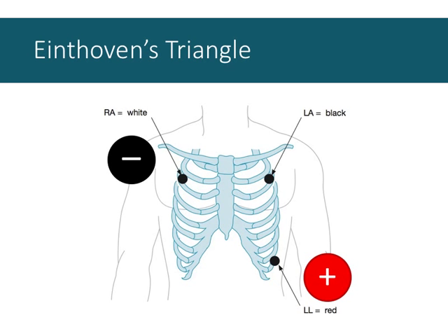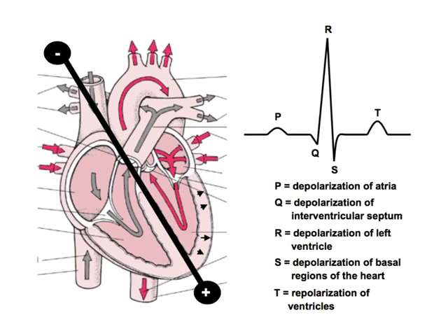And then if we superimpose this over the heart, same electrodes, same positioning, same vector, positive at the bottom right on the screen, negative towards the top left, we get a rough representation of where we collect that information during the cardiac cycle.